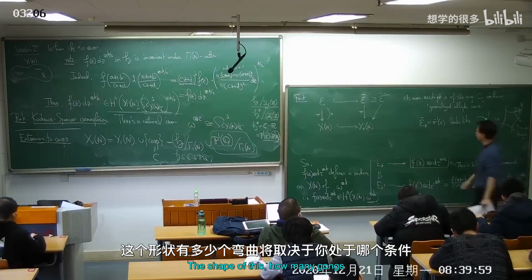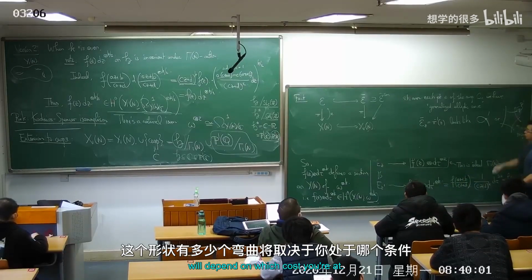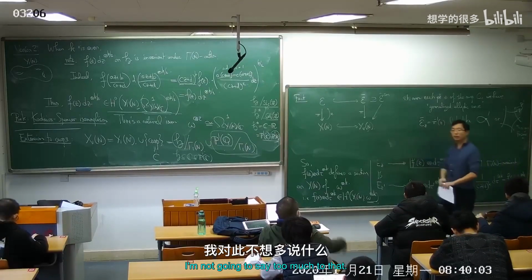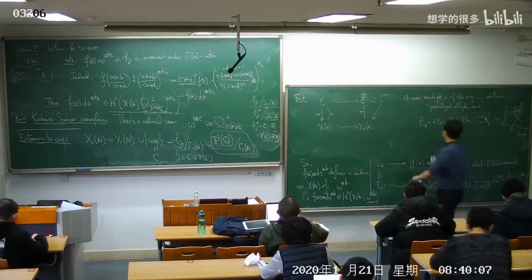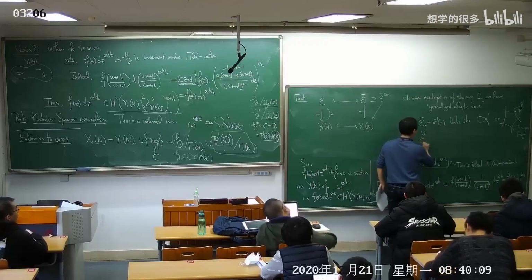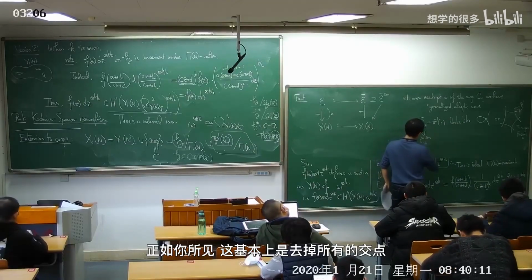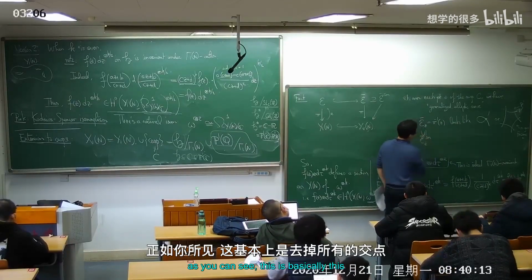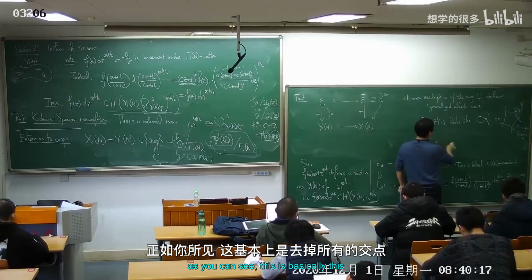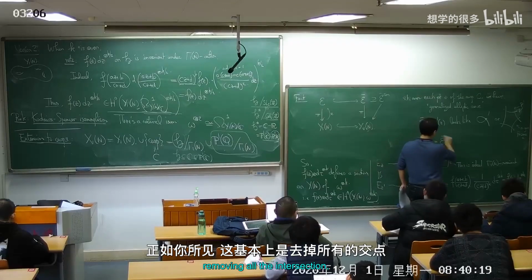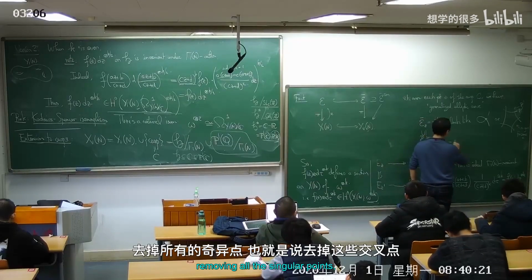The shape of this n-gon will depend on which cusp you're at. I'm not going to say too much about that. Without preparation, I won't be able to say. The smooth part of this is basically obtained by removing all the intersection points, or removing all the singular points.